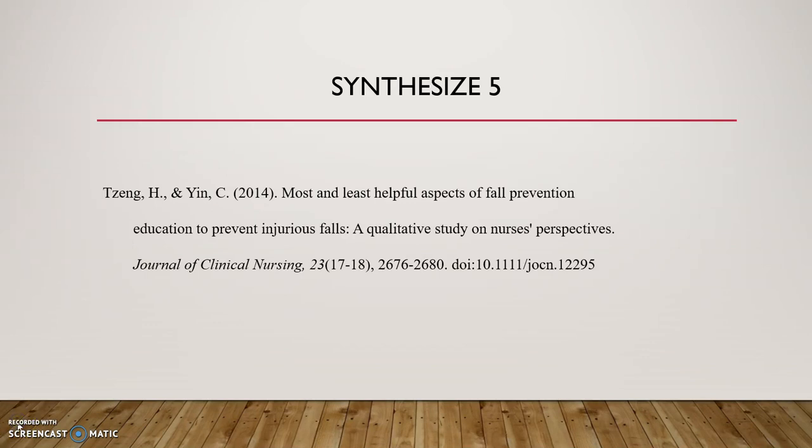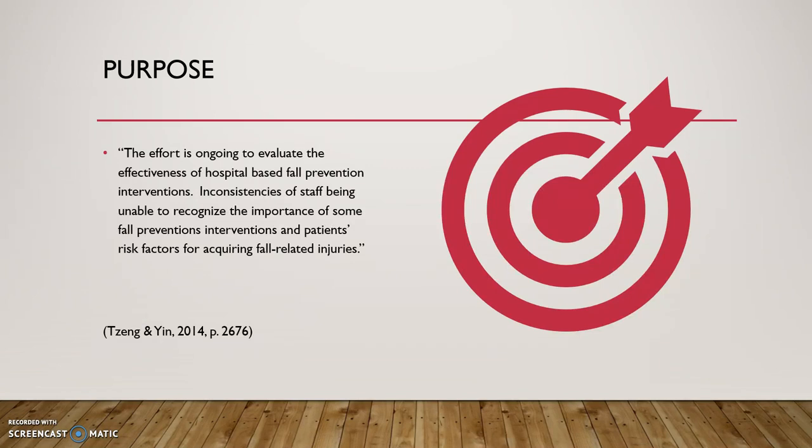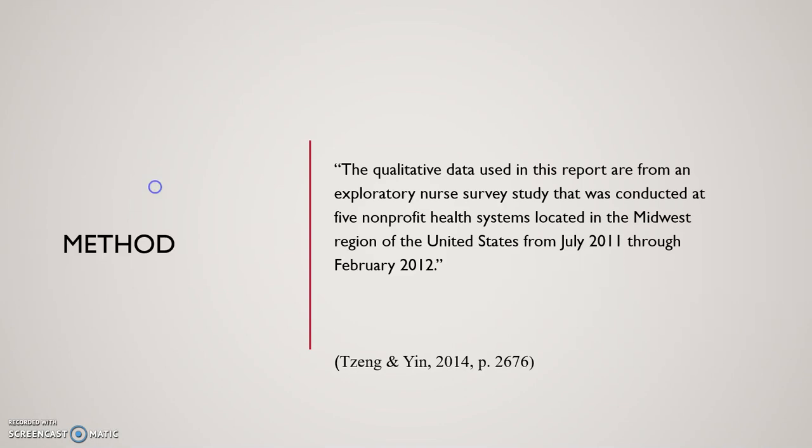Article 5 was most and least helpful aspect of fall prevention, education to prevent injuries and falls. Purpose. The effort is ongoing to evaluate the effectiveness of hospital-based fall prevention interventions. Inconsistence of staff being unable to recognize the importance of some fall prevention interventions in patients' risk factors for acquiring fall-related injuries.